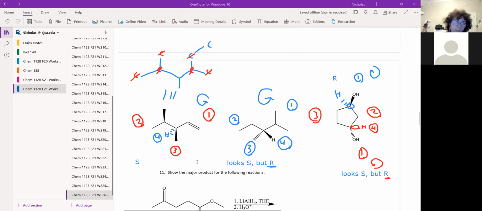All right, if you want some more stereochemistry practice, if you're not comfortable after this, remember I posted a file at the beginning of the semester. It's titled like please read, and it has some useful links.